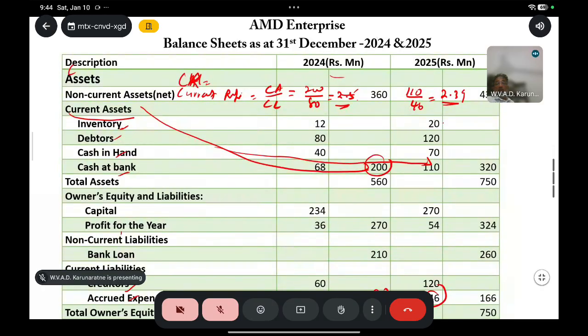Yeah, 2.5 declining to 2.39. Then there may be some deduction. Current assets is 320 in 2025. Sorry, yeah, 320.